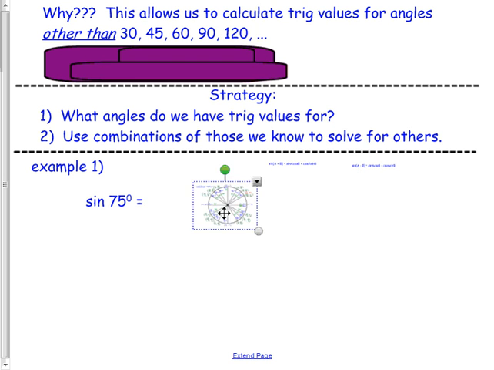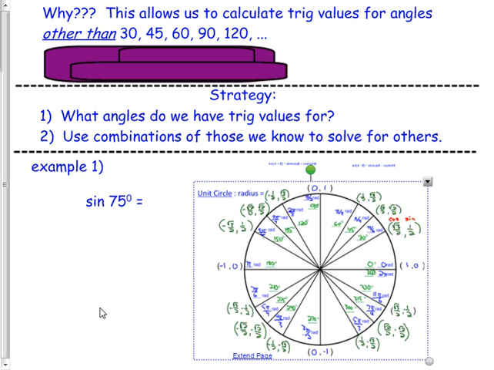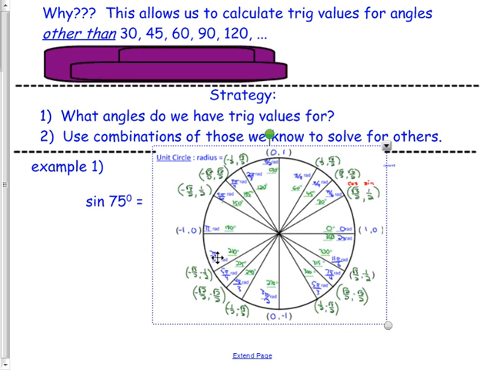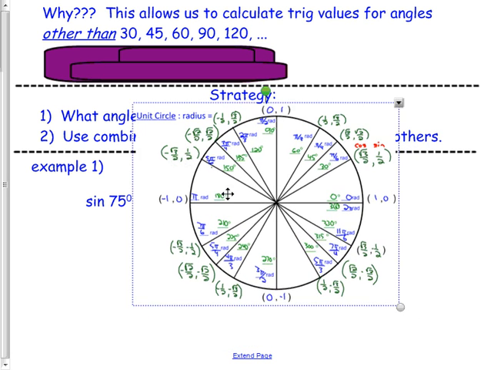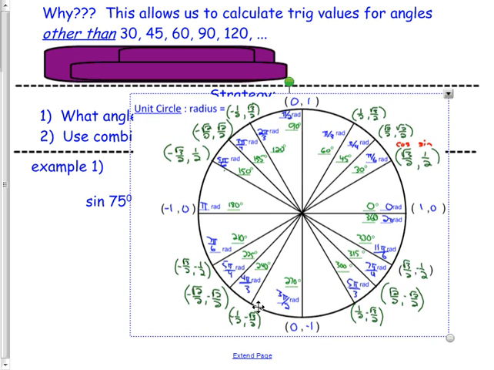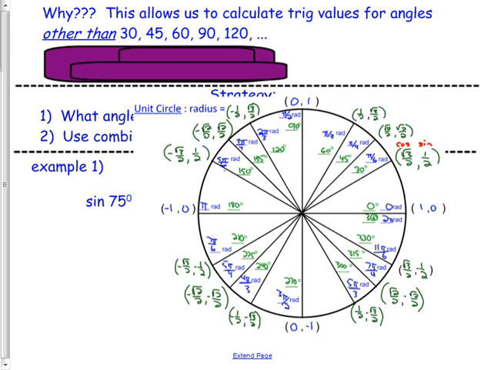I look at the unit circle and figure out what angle measures I could add or subtract to get to 75. I see a 30 and a 45. Well, that would add to 75. So I'm going to do sine of 30 plus 45.